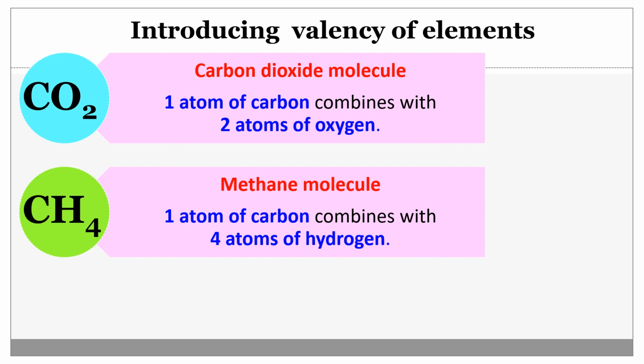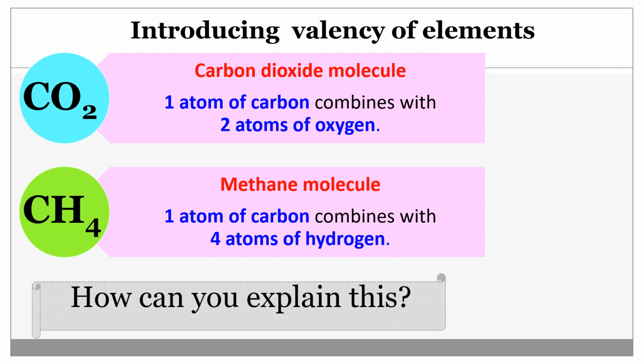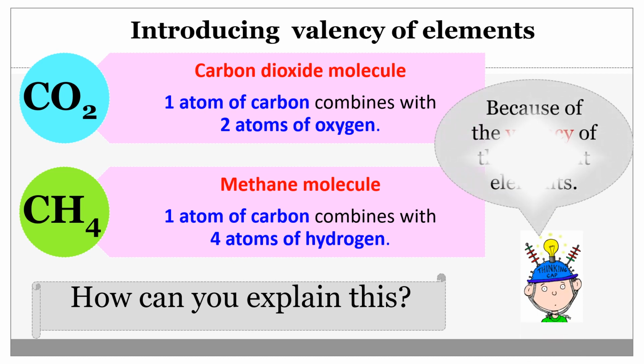In the methane molecule, one atom of carbon combines with 4 atoms of hydrogen. So, children, how can you explain this? This is because of the valency of the different elements.